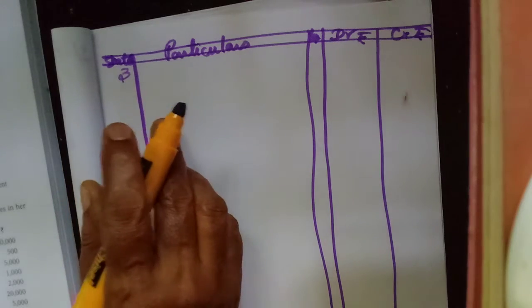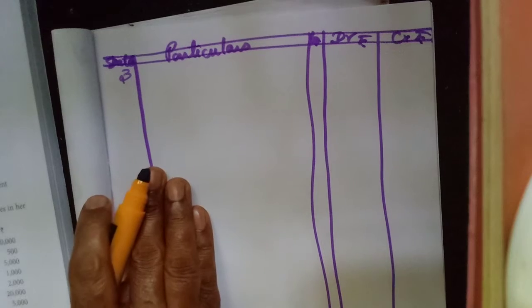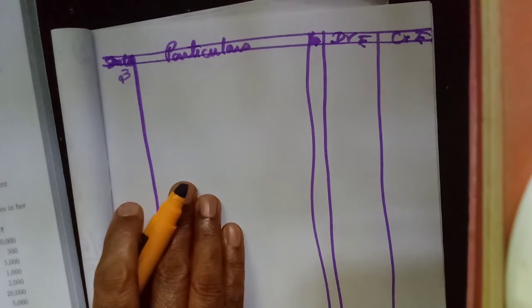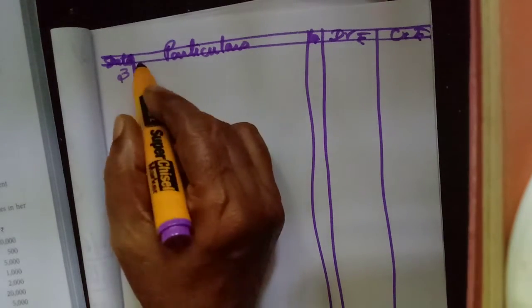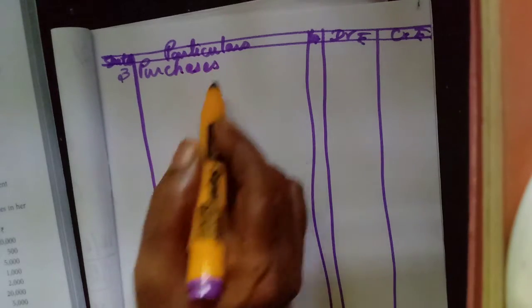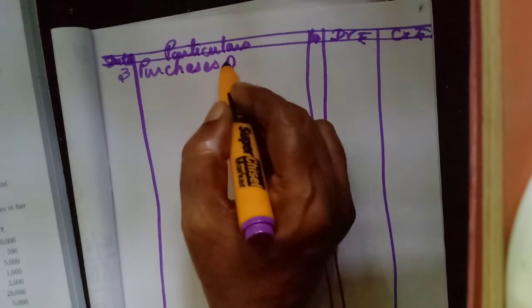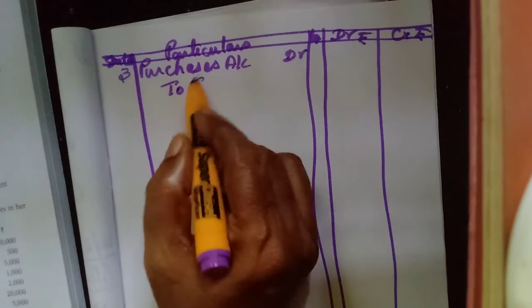Third one, bought goods for cash. So here bought goods means purchases. I told you, isn't it? Bought goods means purchases. Then for cash. So cash is a real account, and this one is a nominal account, the expense purchases. So we should debit goods coming in, purchases account, to cash.